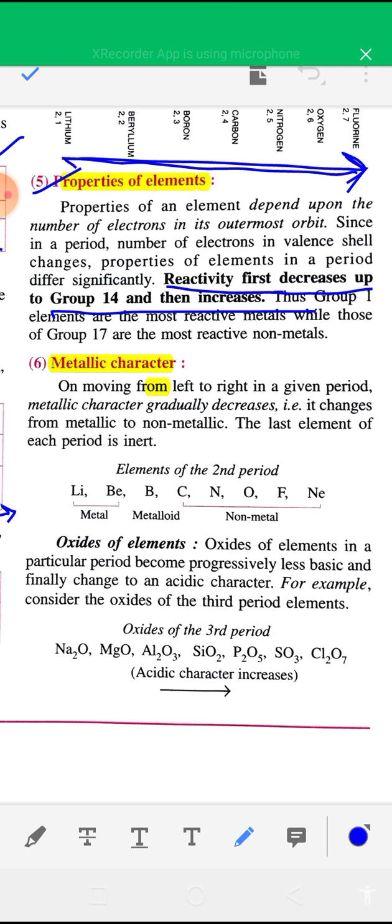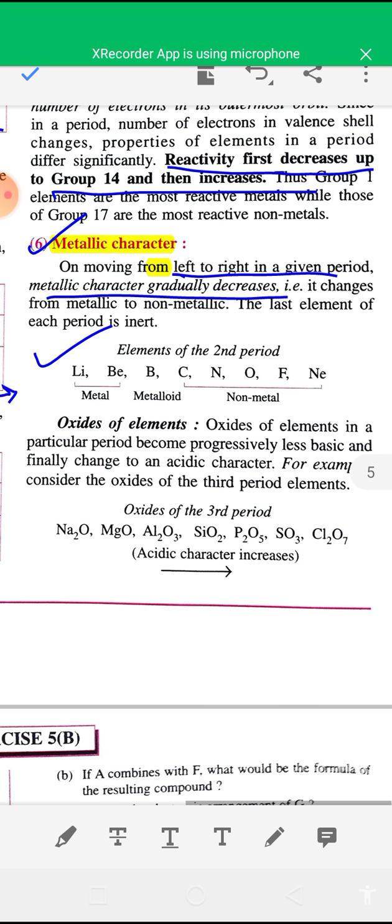Metallic character also decreases on moving from left to right in a given period, and non-metallic character increases. For example, in period 2, lithium and beryllium are metals, boron is a metalloid, and carbon, nitrogen, oxygen, fluorine, neon are non-metals. So from left to right, metallic character decreases and non-metallic character increases.